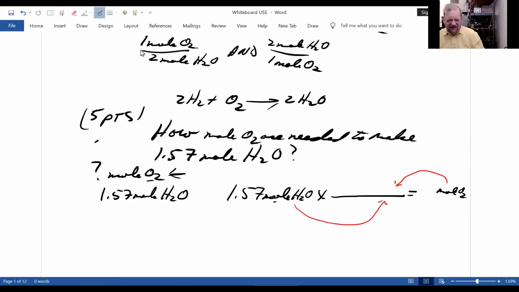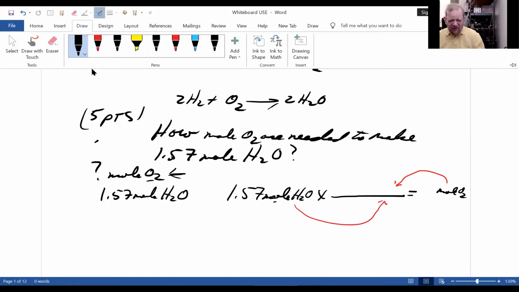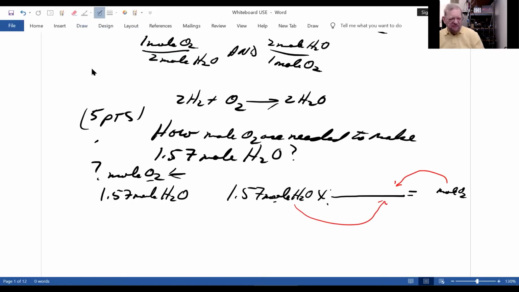Whatever I'm trying to get rid of unit-wise goes underneath. And oh no, where do I get these numbers? You look at this balanced chemical equation. It tells you 2 moles of hydrogen react with 1 mole of oxygen, when there's no number in front, it's 1, to make 2 moles of water. And so if I want moles of O2 on top, moles of water underneath: for every 1 mole of oxygen, I make 2 moles of water.